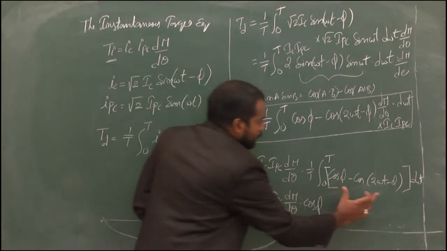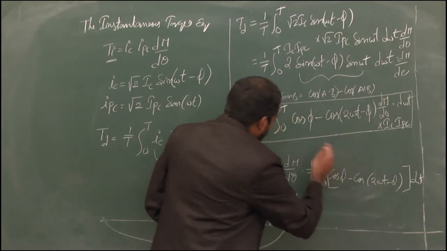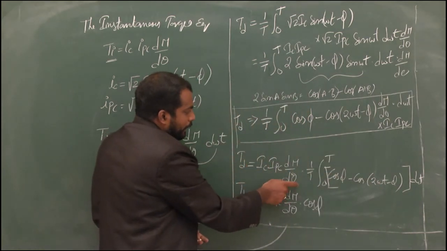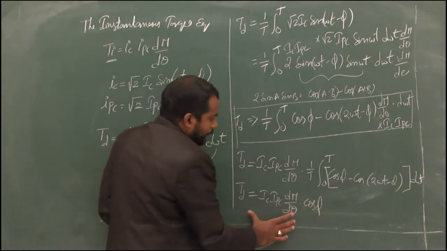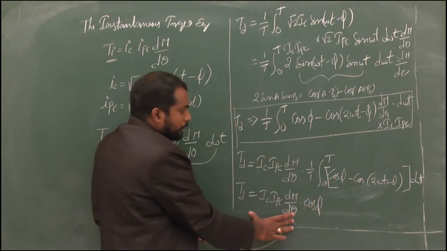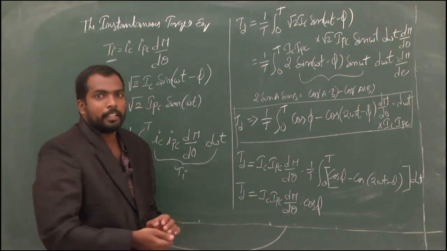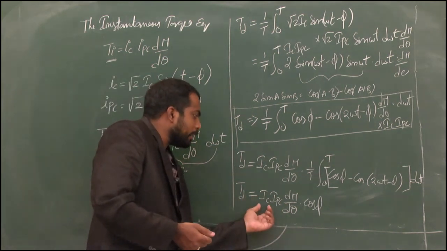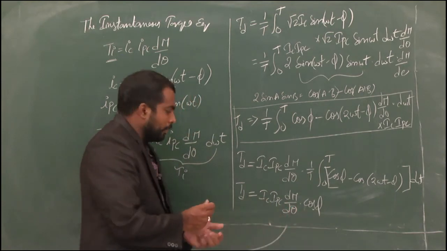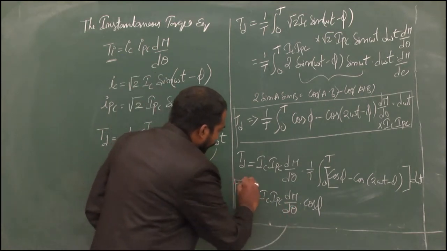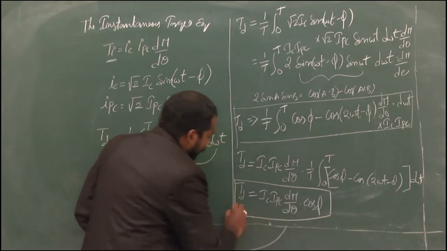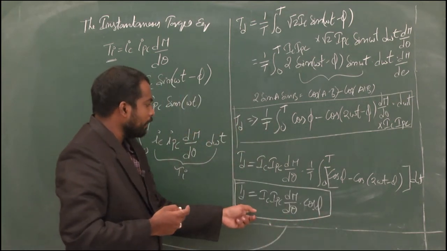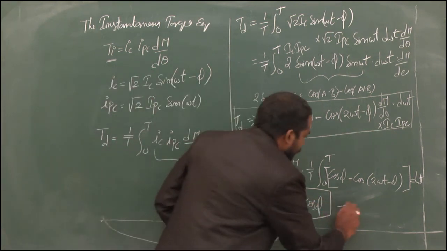Why am I neglecting the other term? Because the maximum value of this entire function is IC into IPC dM by d theta into cos phi. Hence the net deflecting torque is TD equal to IC into IPC dM by d theta into cos phi. So this is the maximum torque produced by a dynamometer type wattmeter.